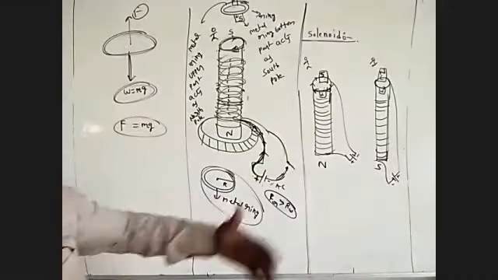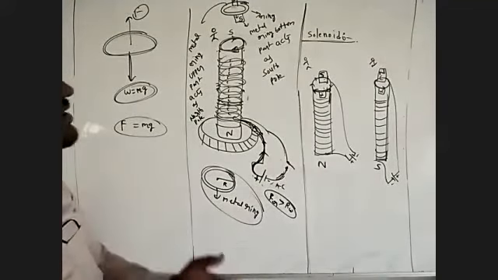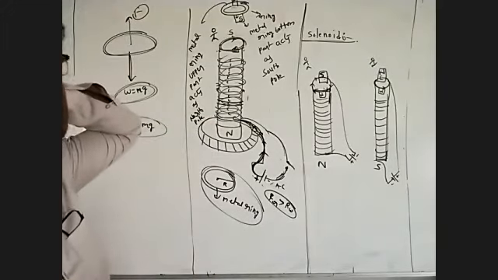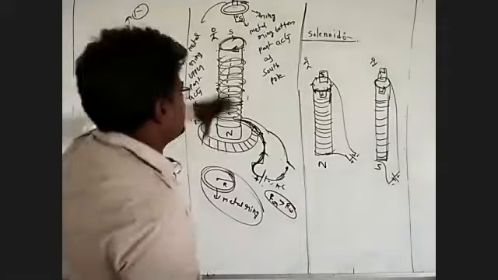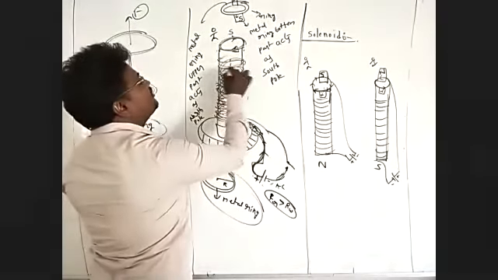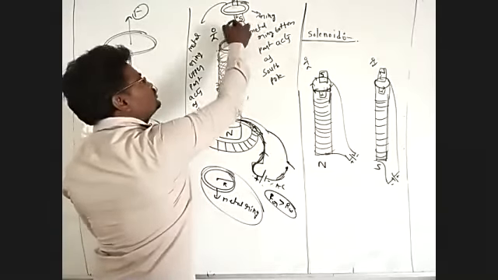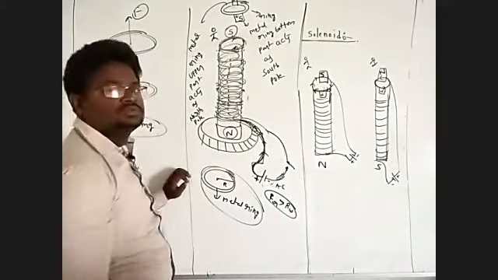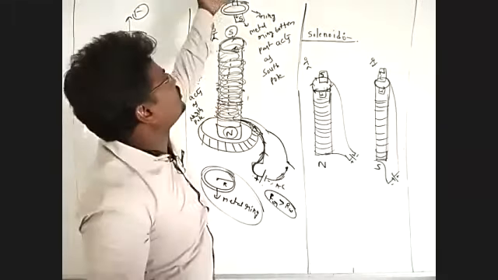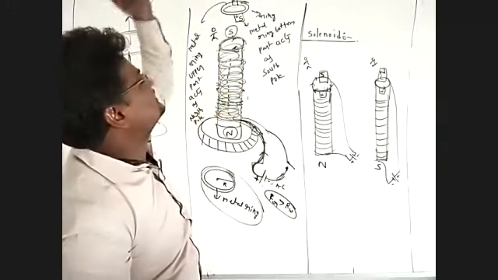A solenoid carrying current produces magnetic field lines and behaves as a bar magnet. This end acts as a south pole and this end acts as a north pole. The change in magnetic flux lines is linked with the metal coil.